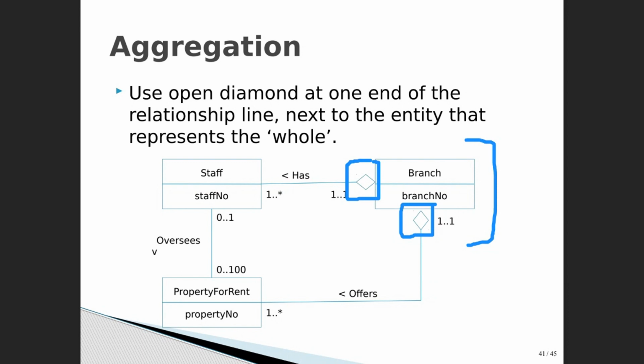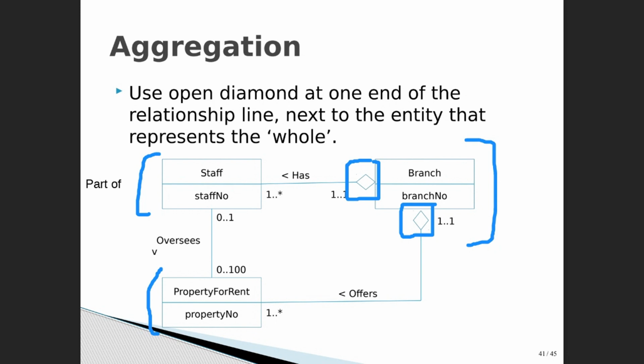So this will represent branch as a whole entity type and will represent staff plus property for rent as part of it. In this relationship, the has a aggregation will mean that these entity types are part of branch. All right, got the point?